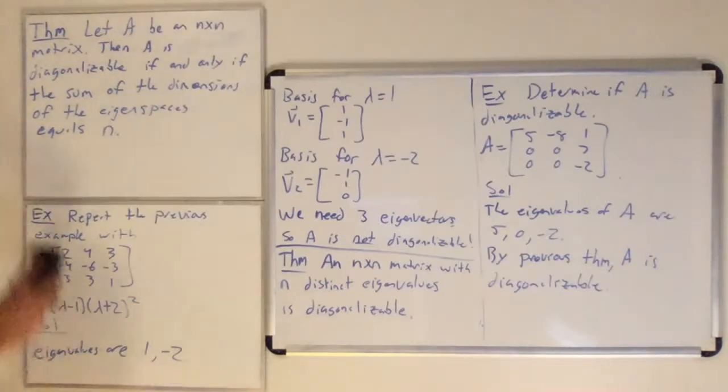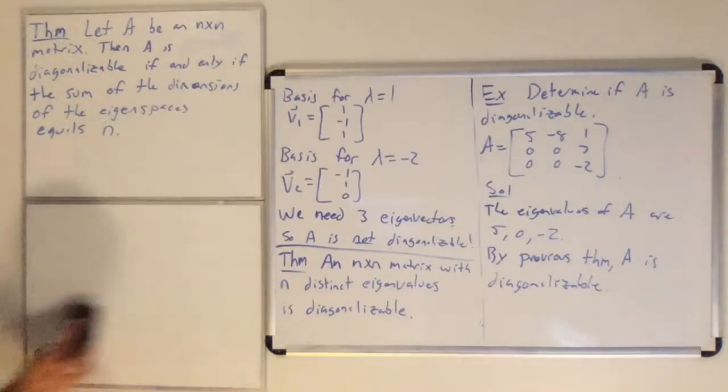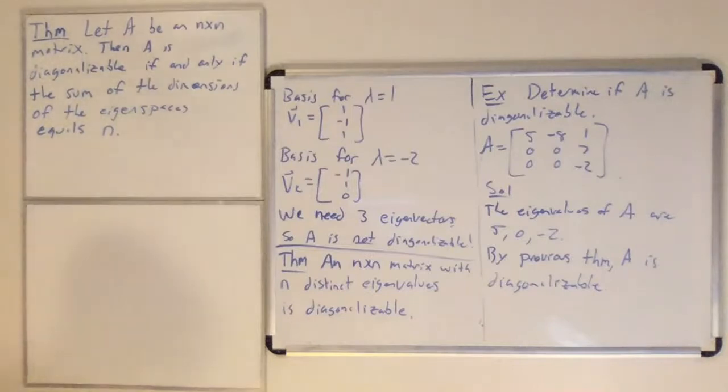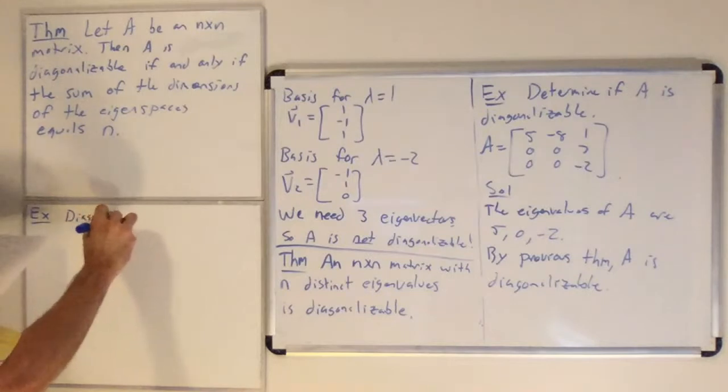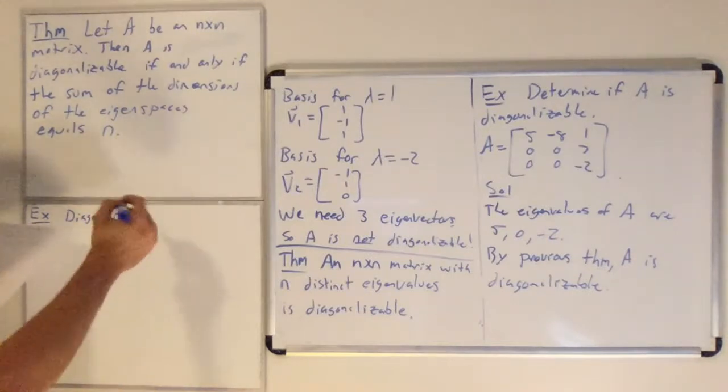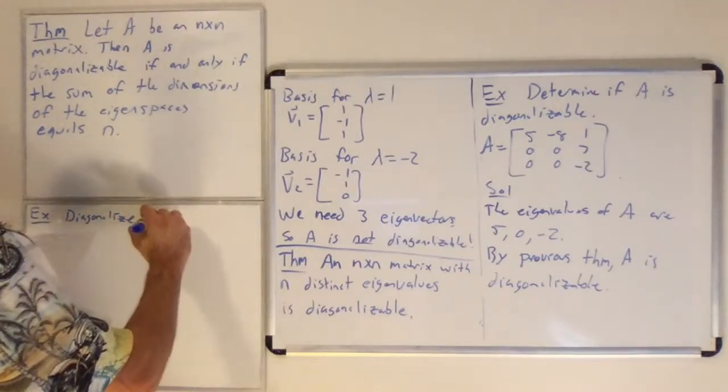Okay, so let's write out an example and we'll start class with this tomorrow. The example is: diagonalize A if possible.